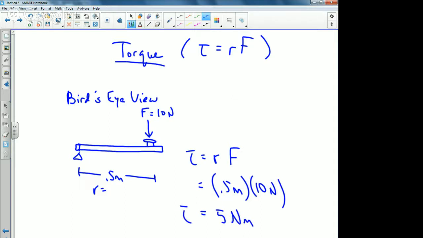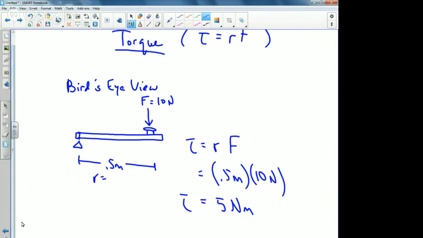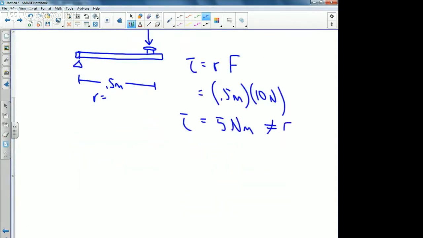Now, newton meters happen to be the unit of work as well, because work equals force times distance, and force times distance, newton meters, is the same thing as joules or energy. But this is not energy. So the unit is still 5 newton meters.